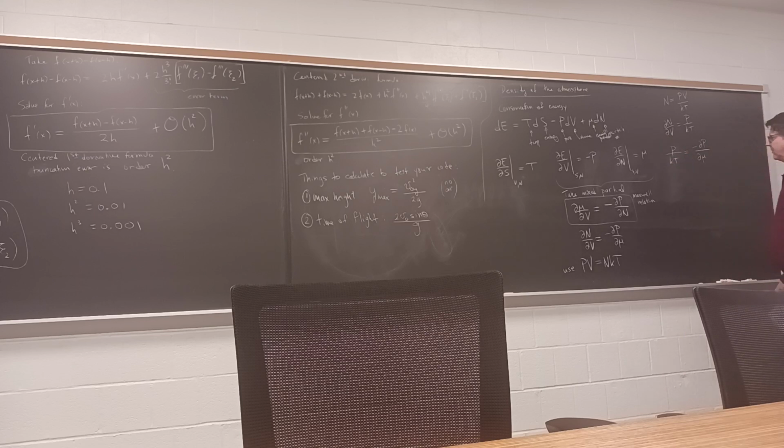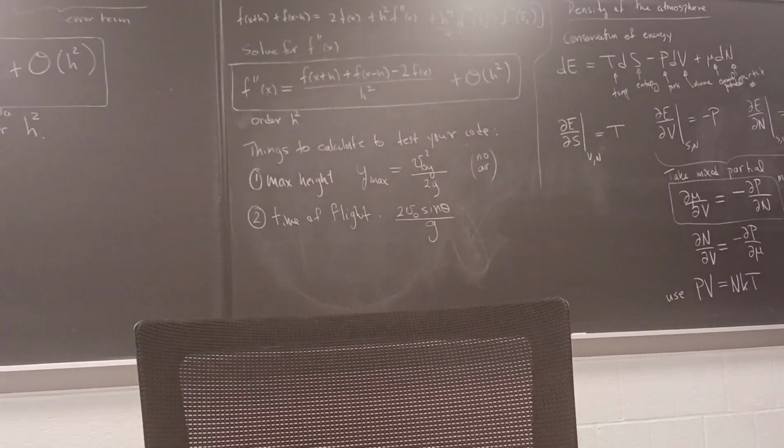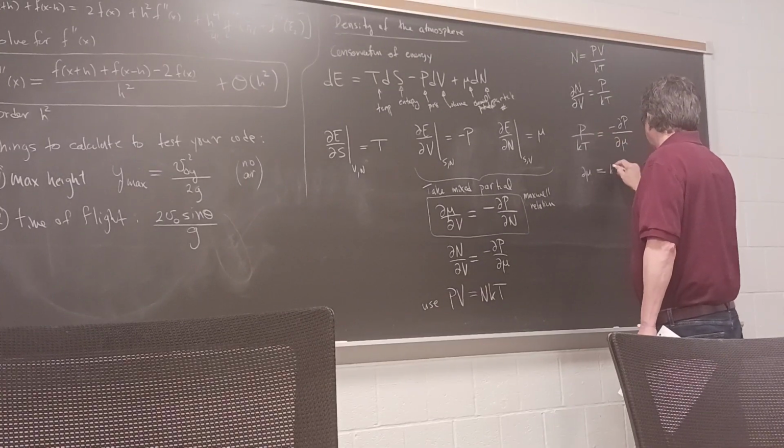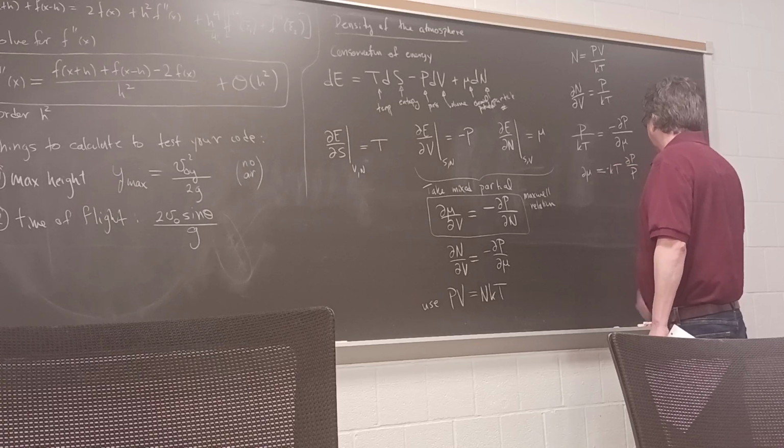All right, now we're almost done. Now we can actually integrate the thing. So if I bring my d mu here, I can write this as d mu is equal to minus KT dP over P.